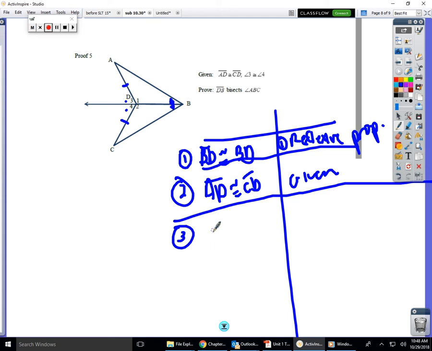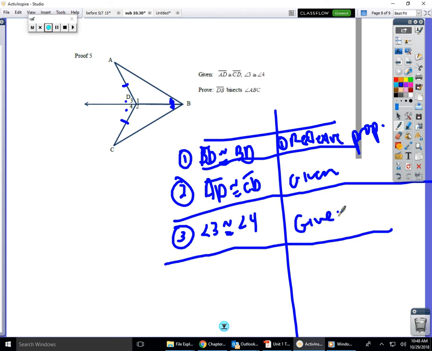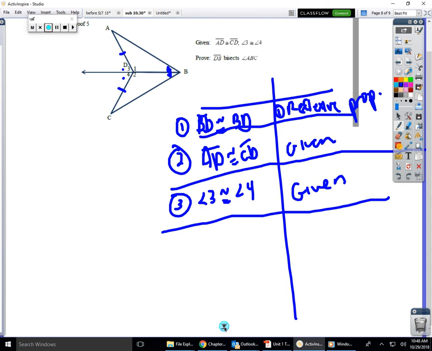Line 3, so we know that angle 3 is congruent to angle 4, but those are not part of our triangles. So what we want to do is say things about angle 3 and angle 4 that might include 1 and 2. That's what you're always trying to do, try to get angle 1 in your proof in some way. Well, I know that 1 and 3 form a straight line.